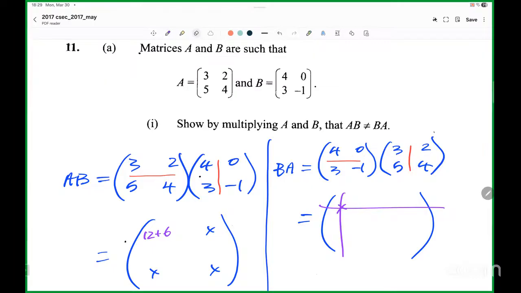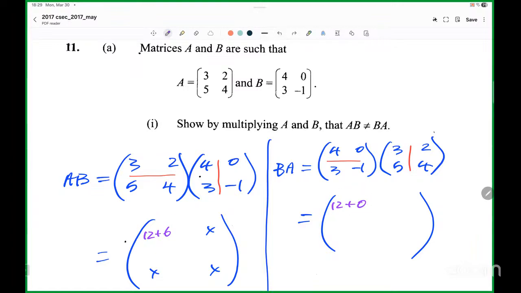So then, it will be 4 times 3 and 0 times 5. Now the 4 times 3 is 12, and the 0 times 5 is 0. Already they are not equal. That is an 18 and not a 12.